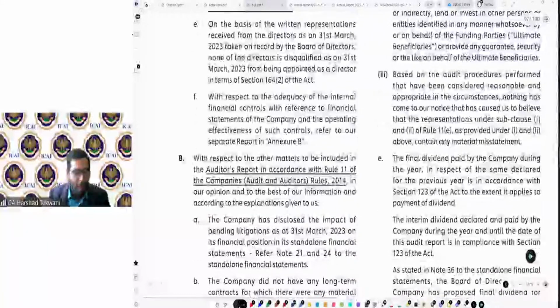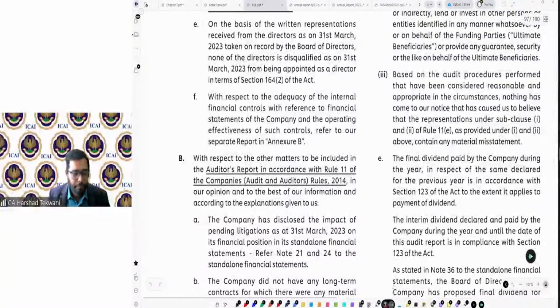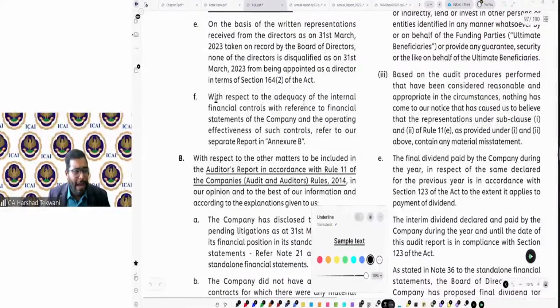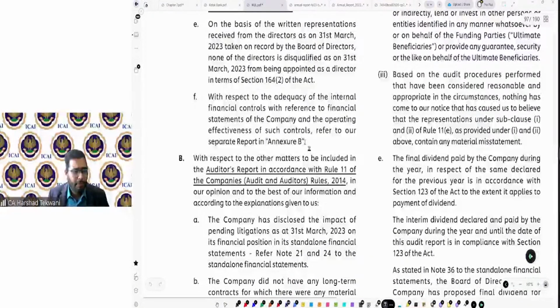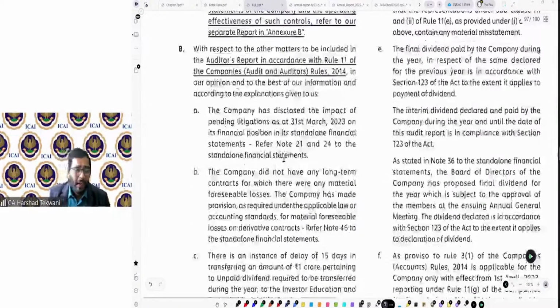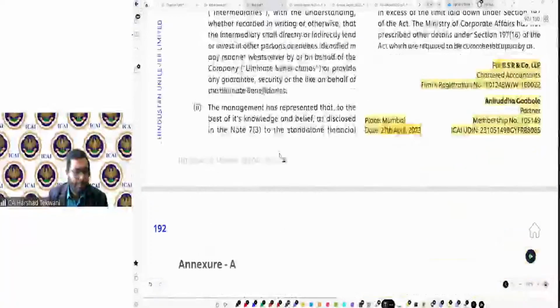See over here, with respect to the adequacy of the internal financial controls with reference to financial statement of the company, and the operating effectiveness of such control, refer to our separate report in Annexure B. Let's see the Annexure B and try to understand the report.